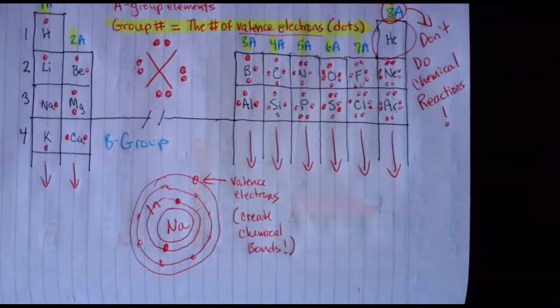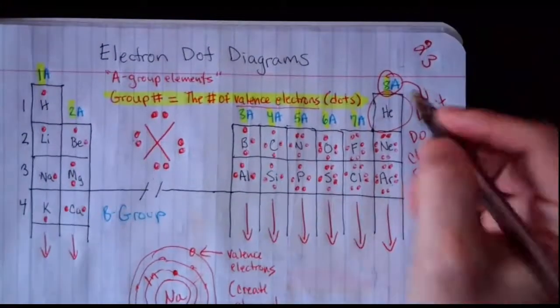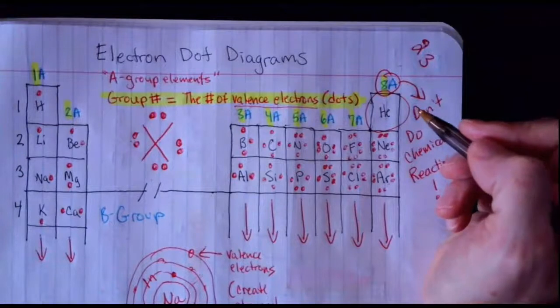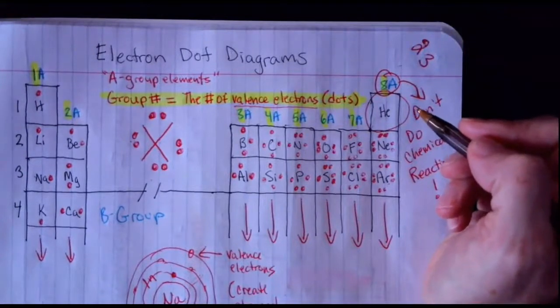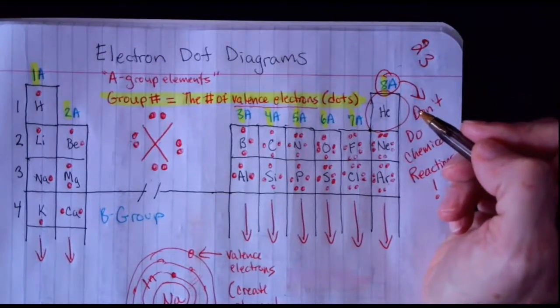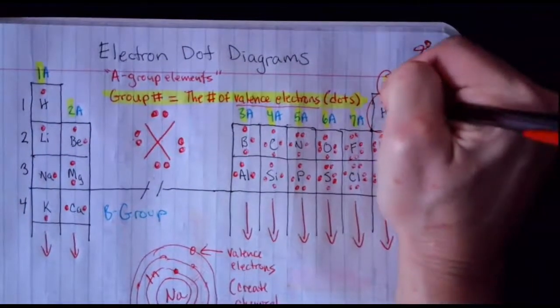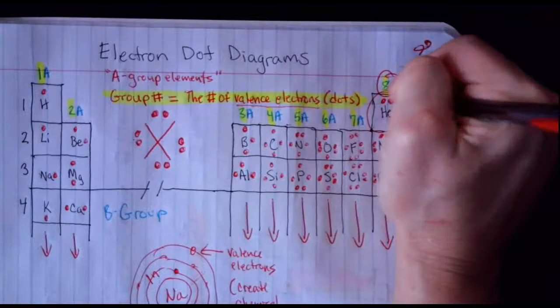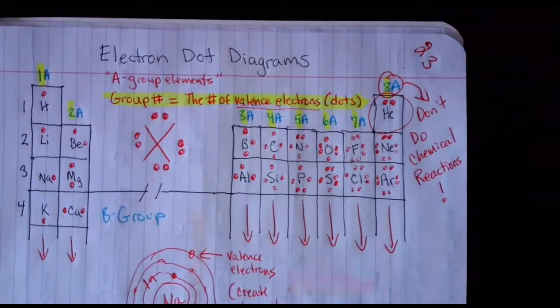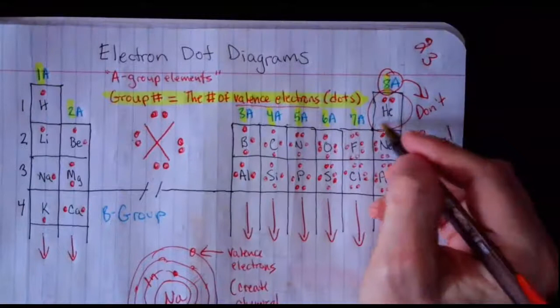Can only hold 2. So helium's outer energy level is full when it has 2 electrons. Okay, so for helium, we're going to pair those 2 electrons up because it's already full. Okay, so it's not going to be reactive. All right, so helium is the odd one.